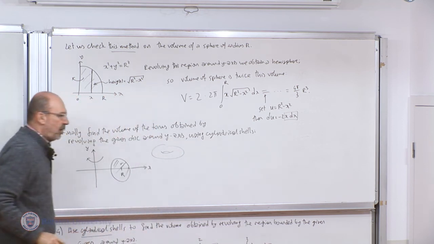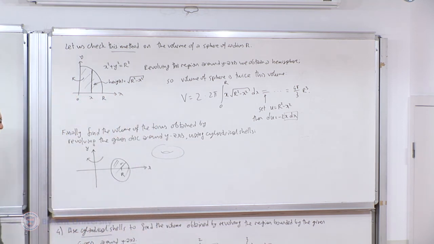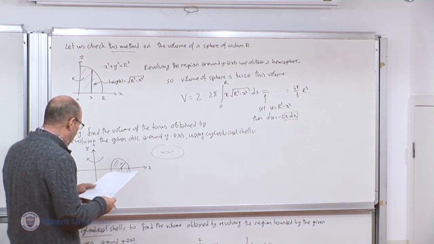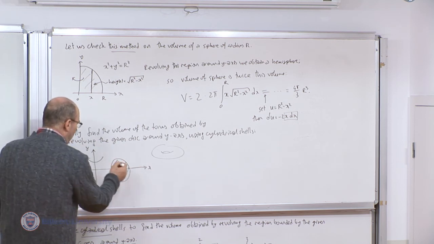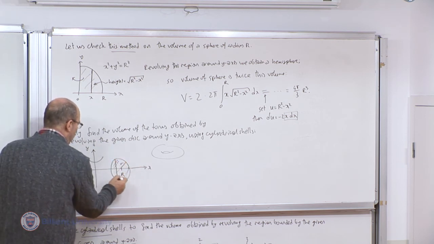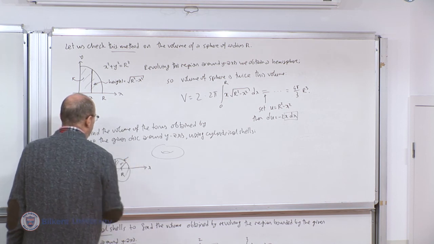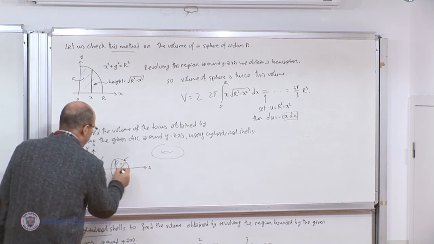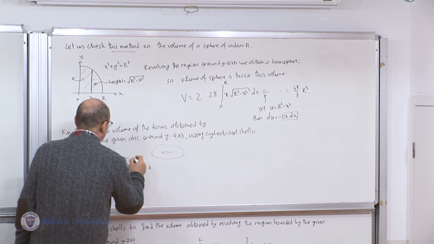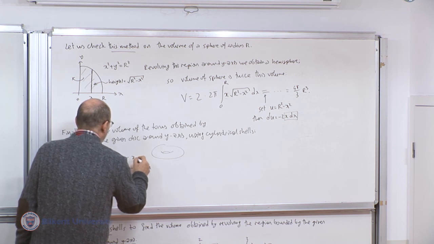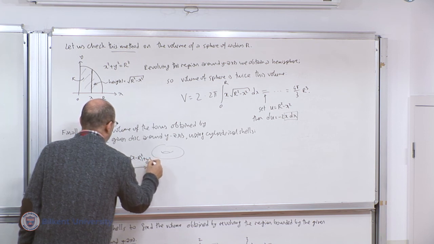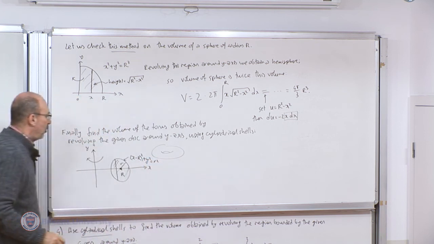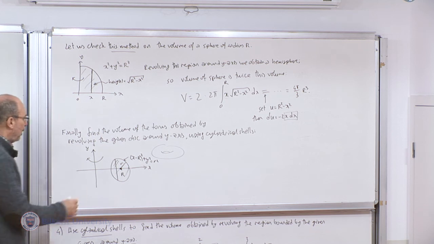This is the standard way to denote a torus. So what is the equation of this? This is the center. The equation is (x minus R) squared plus y squared is equal to small r squared.